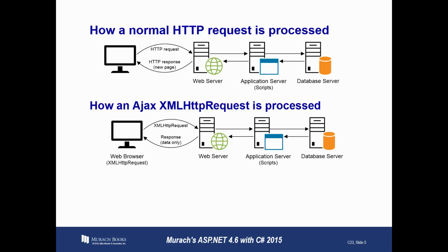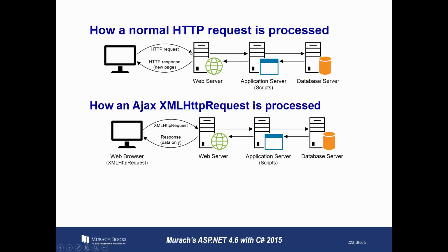In contrast, AJAX can update the web page after it's loaded without having to perform a full HTTP request and response. The browser initiates a request that sends only the data that's needed by the server to respond to the request. Then, when the server sends the response back, the browser can use the data in the response to update just the part of the page that needs to be updated.